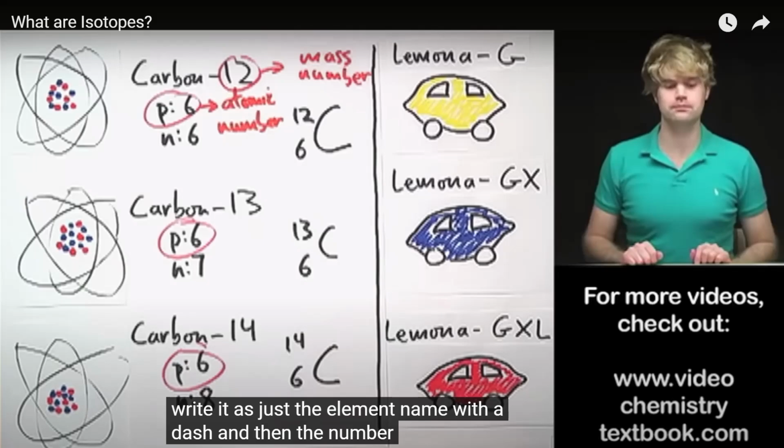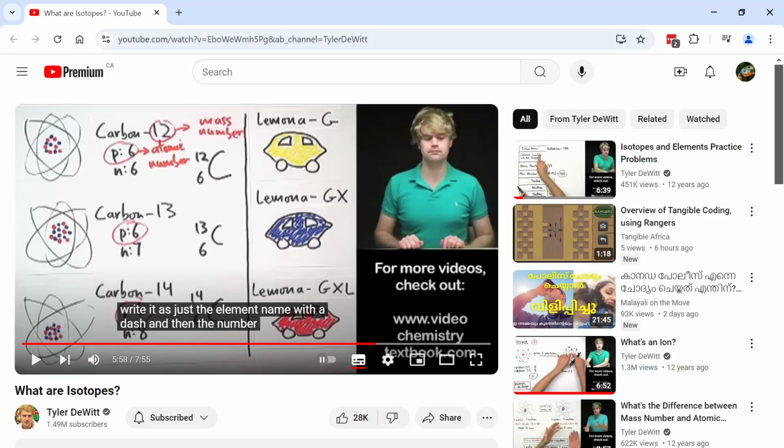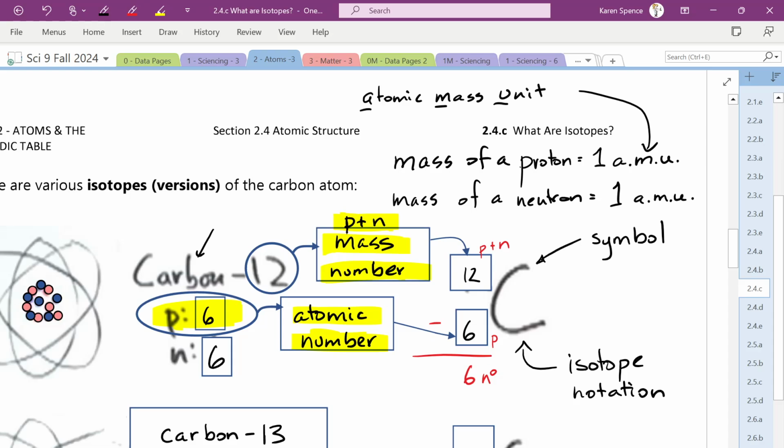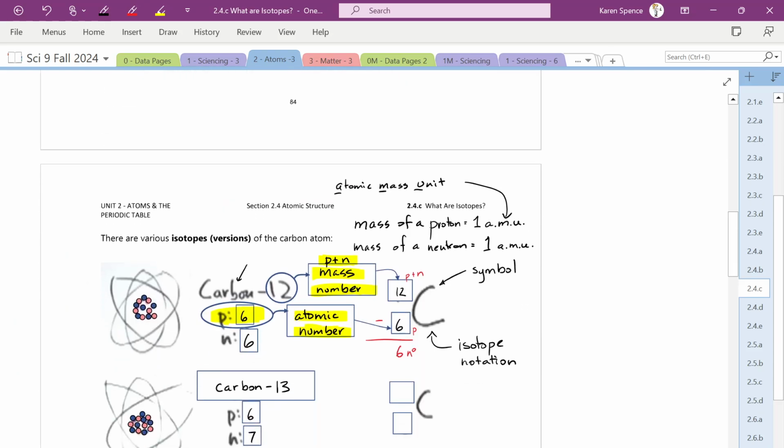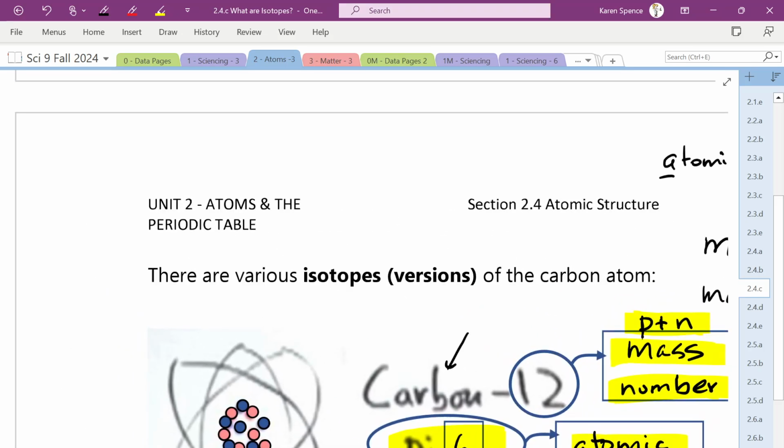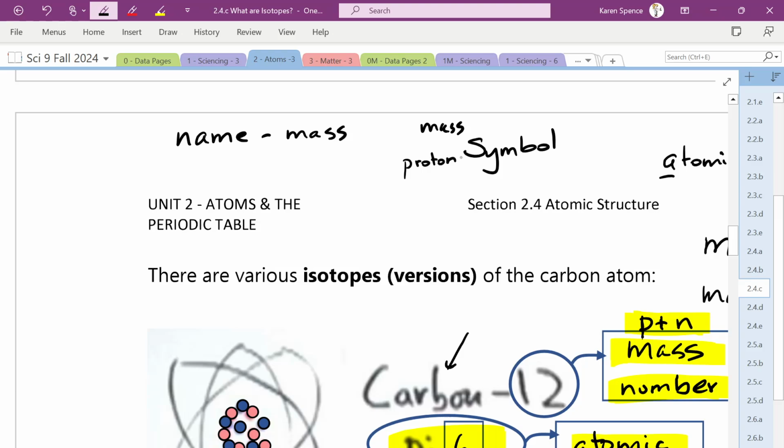So what that would look like then, you need to be able to write name, dash, mass, and you need to be able to write symbol, and you put the mass up here, and you put the protons here.